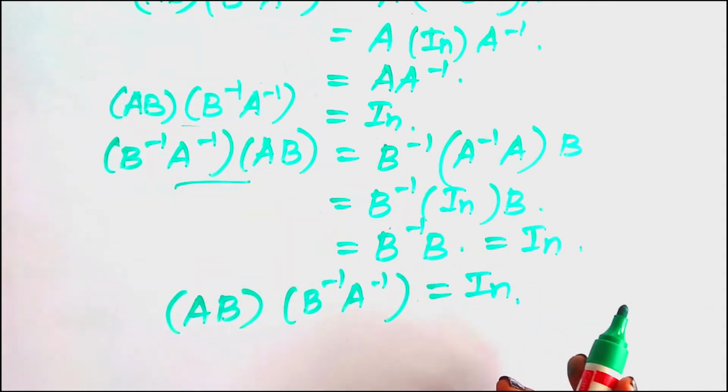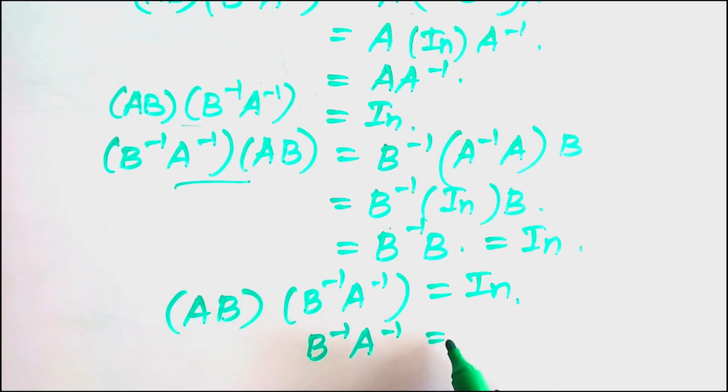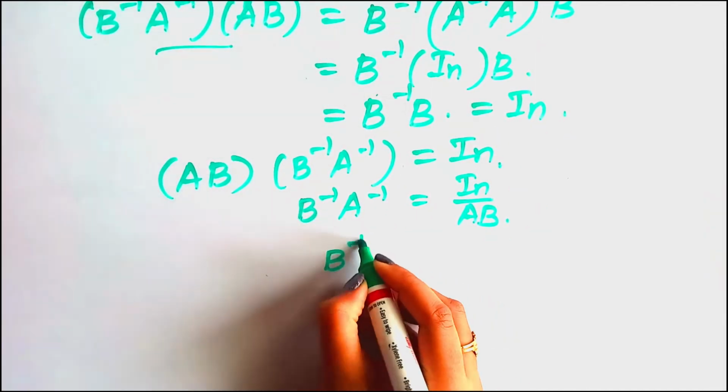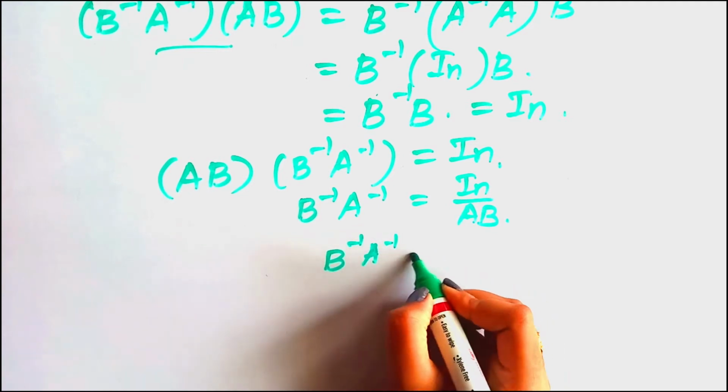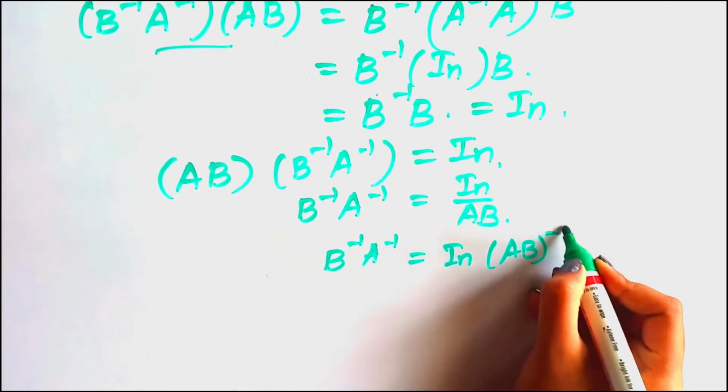So this is what we have got, and to prove the theorem, first we need B inverse A inverse, right? I am taking this to the left hand side and then taking this to the right hand side, so that you'll get IN divided by AB. And while we take AB to the numerator, then you'll get B inverse A inverse is equal to IN into AB the whole inverse.